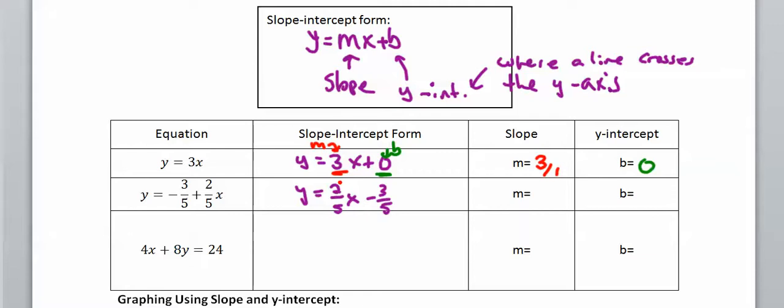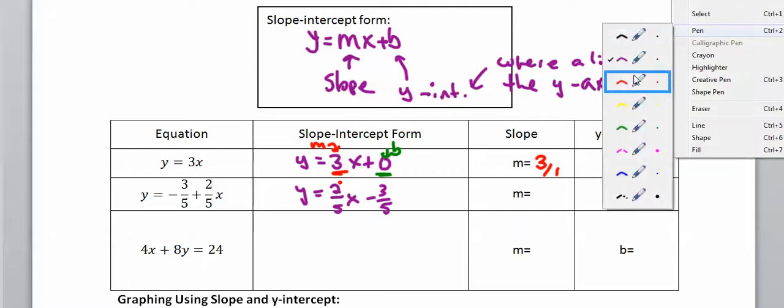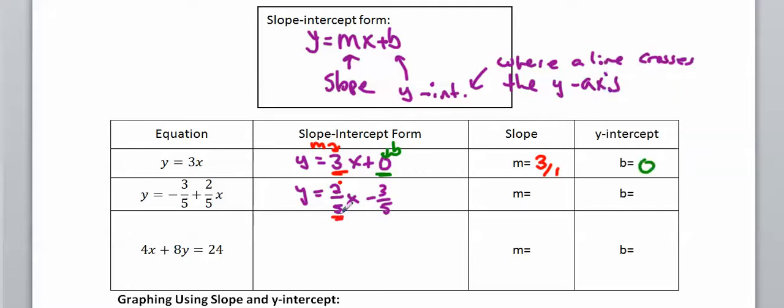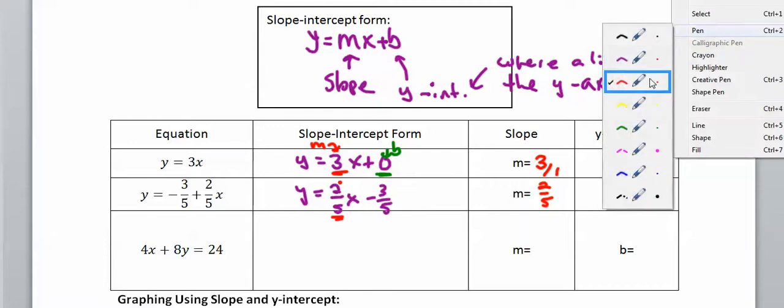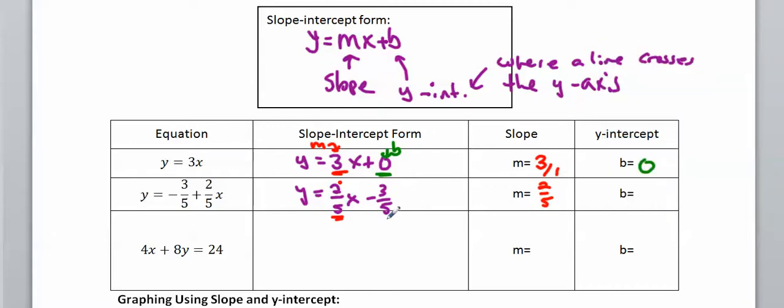Exactly. All right, so slope in red again. Got 2/5. It's the number with the x, and my b, or y-intercept, is negative 3/5.